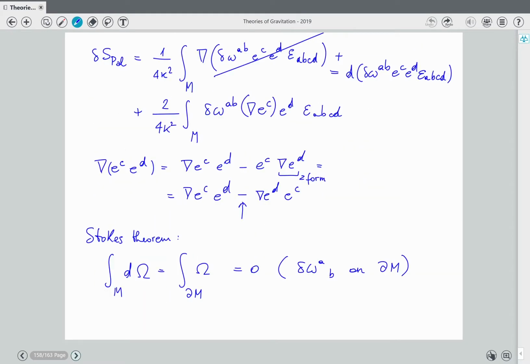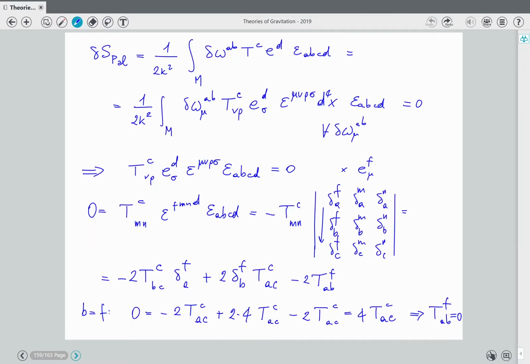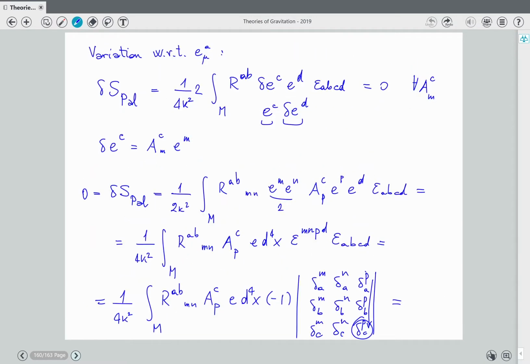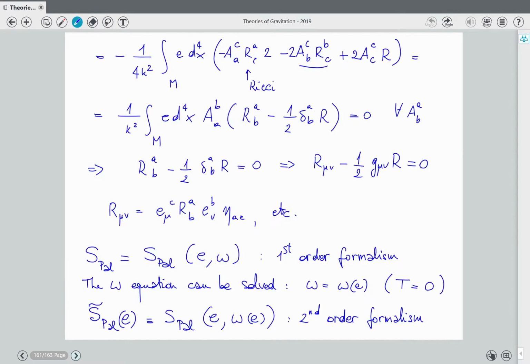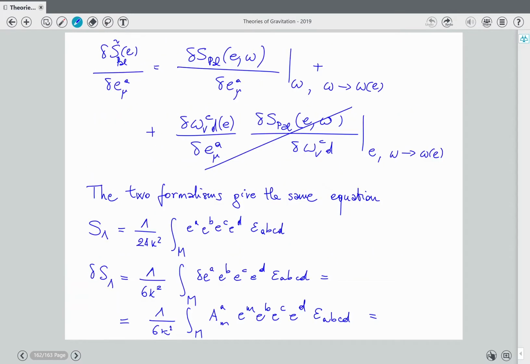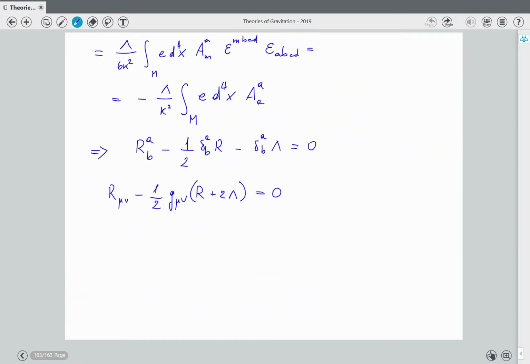Now, in principle, you can add infinitely many terms, but there is a unique, to some extent, theory which just contains the quadratic terms. So we just focus on the quadratic terms, because they will be enough for quantum gravity.